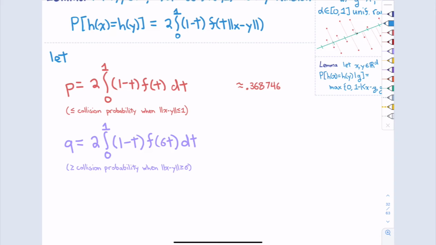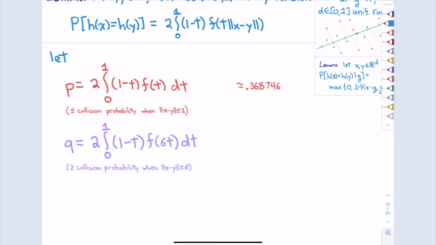I'm going to let p be the value when the distance is 1. And I'm going to let q denote the value when the distance is at least sigma. Sigma was what determines a no longer neighbor, and 1 was our definition of near neighbor.